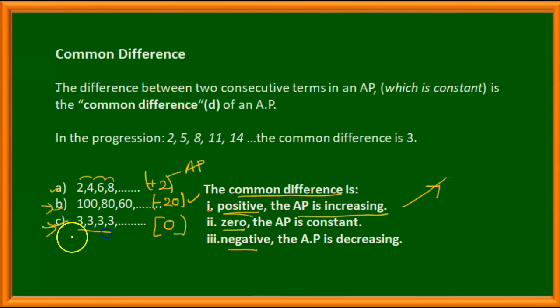When there is no change, it is moving constantly, and the common difference is 0. If it is negative, the AP is decreasing: the second term is less than the first term, the third term is less than the second term. Then the common difference is negative. So according to the terms given, it is increasing, decreasing or no change. Okay, so this common difference is understood well.